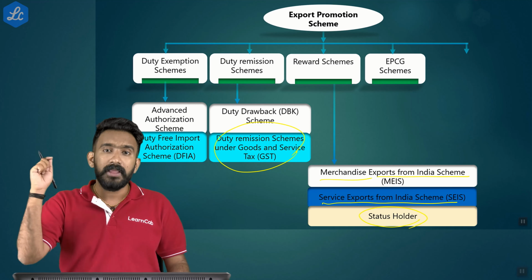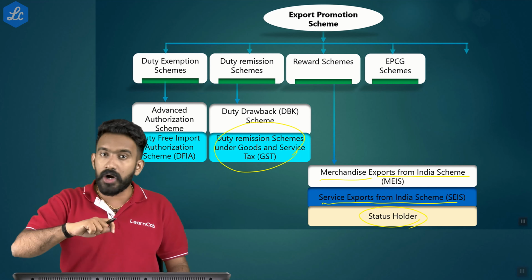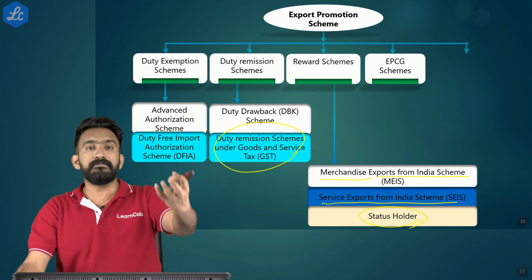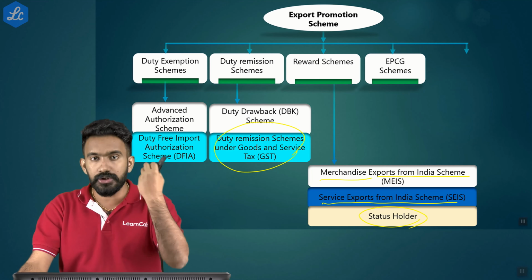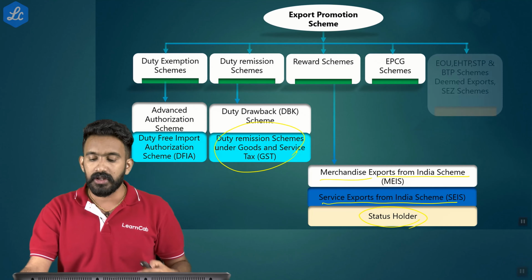Then you have Export Promotion of Capital Goods schemes, wherein if you want to manufacture certain goods and then export, for that purpose you are importing capital goods, and you have duty remission available, which is called the EPCG scheme.